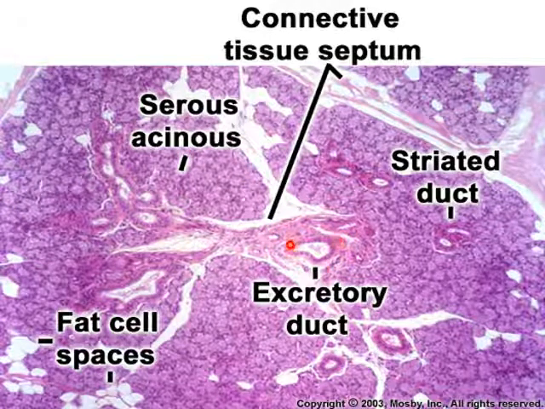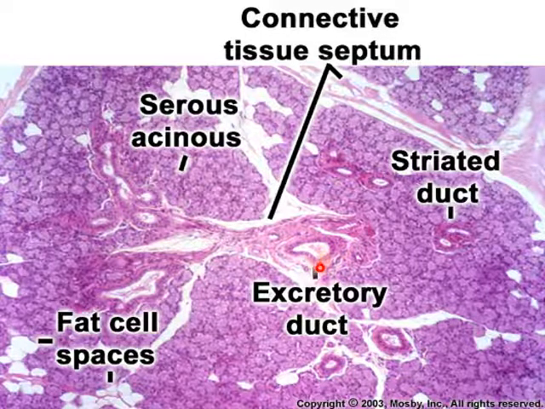Inside this connective tissue septa, the excretory duct is present. This is an excretory duct, this is also an excretory duct, and this is also an excretory duct, of different size.